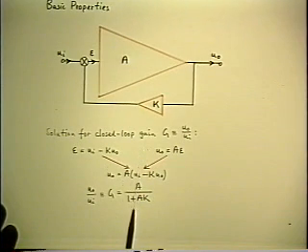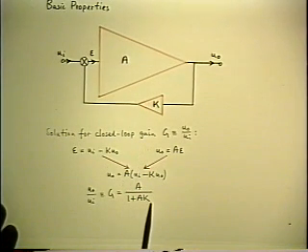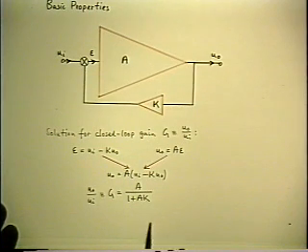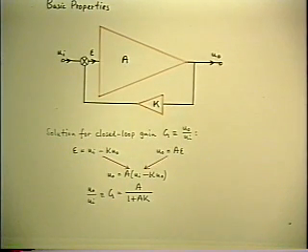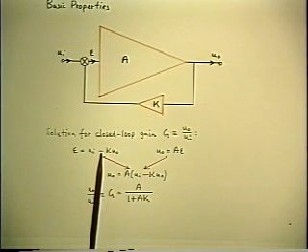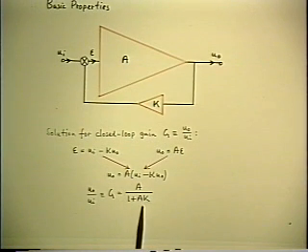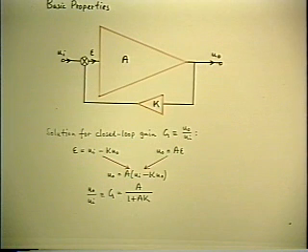So when I follow the algebra through, I get a 1 plus T in the result. Now, we want the feedback to be negative, and the negative is embodied in this minus sign. Because when we get the answer, we want AK, or T, to be a positive number.